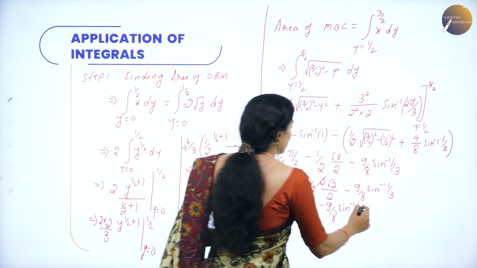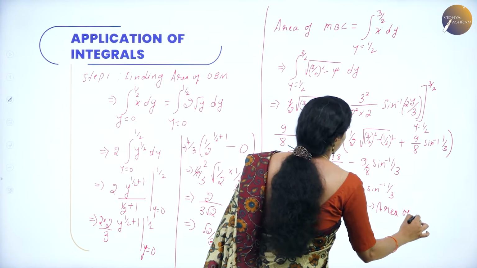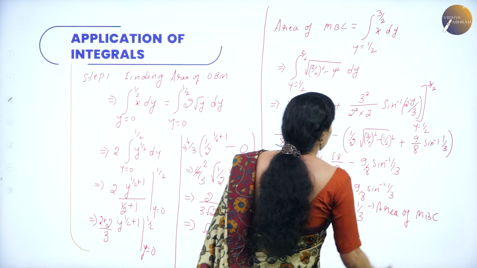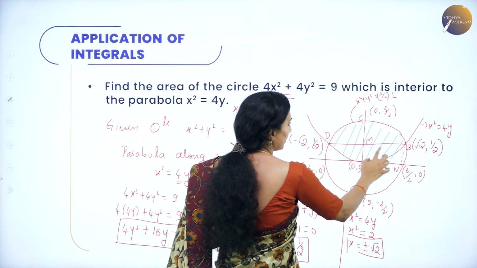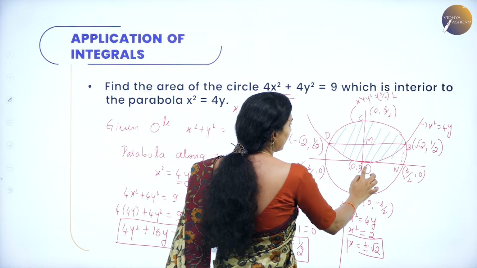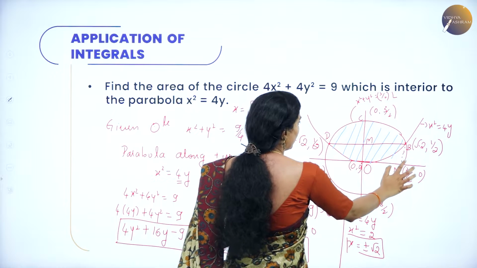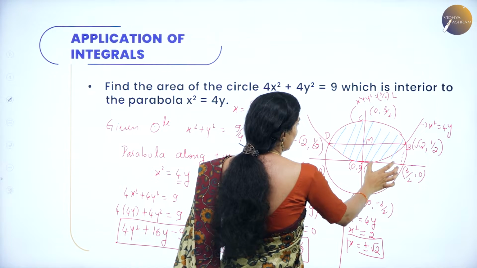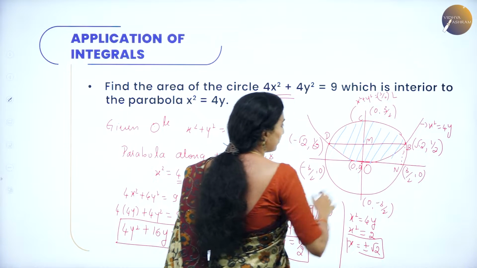Right? So this is what area of MBC. Now I want here, you can observe in the diagram, I want to minus this area. Therefore, I can observe here area of ONBC. Correct? ONBC is equals to area of this plus area of this minus area of this. Right?